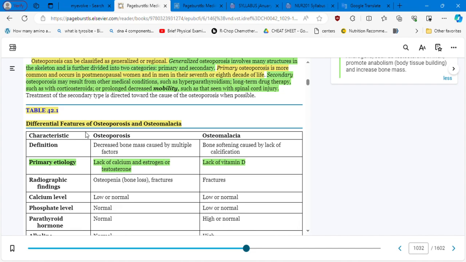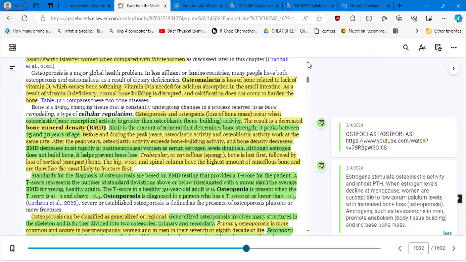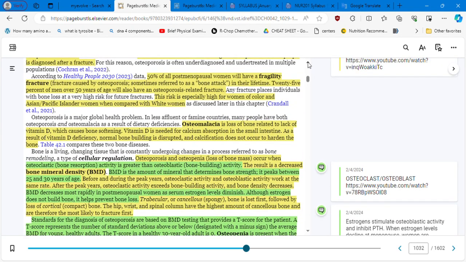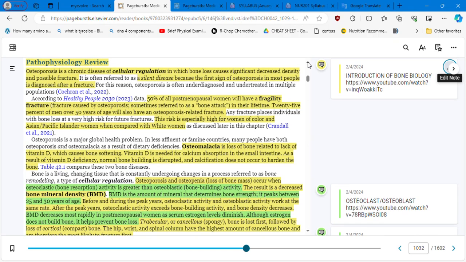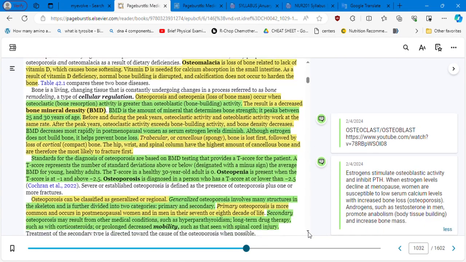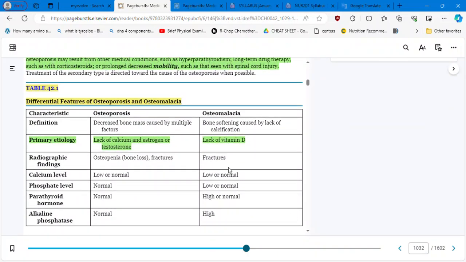Okay, table. Differential features of osteoporosis and osteomalacia. And let's remember that osteomalacia is related to vitamin D, right? That's the most important. So it's related to vitamin D. Okay, so let me go down. And you have the primary etiology.